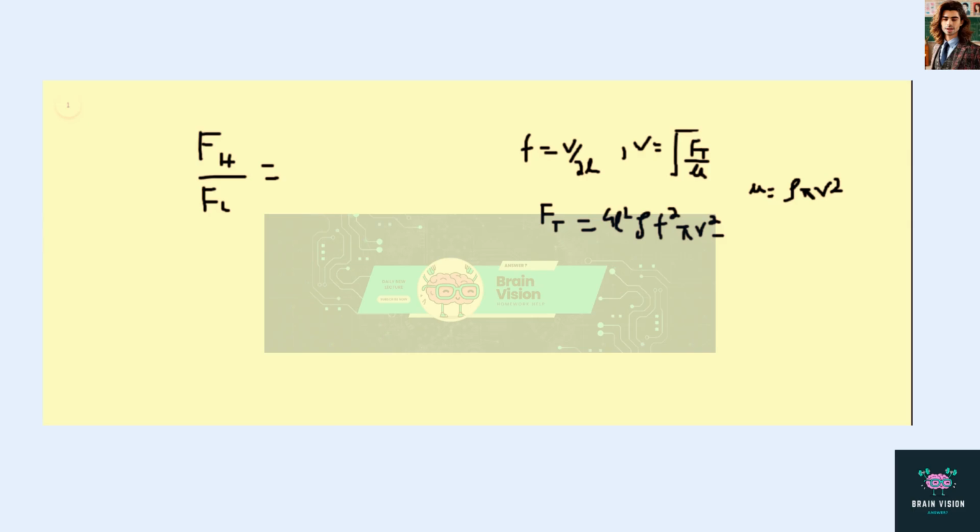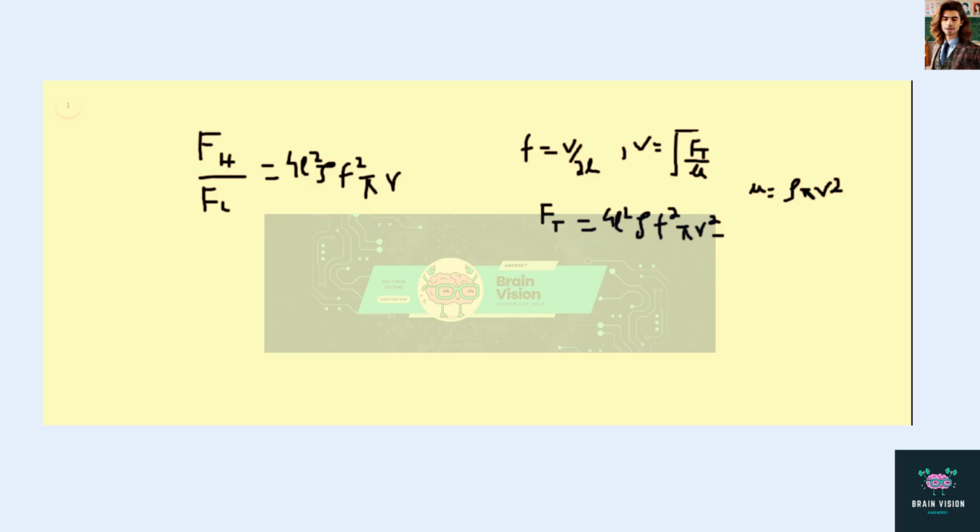So now our job is to compare the high and low tension in a string. We can compare that by comparing the radius, because the densities are the same, the frequencies are the same, and the lengths are the same. So we will write our initial formula as 4L squared times the density times frequency squared times pi times R squared.